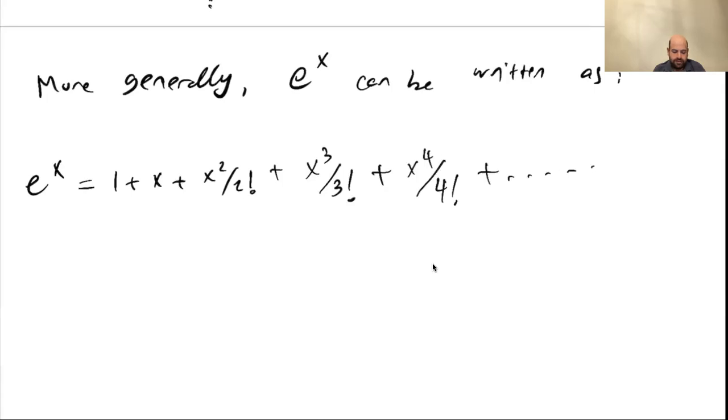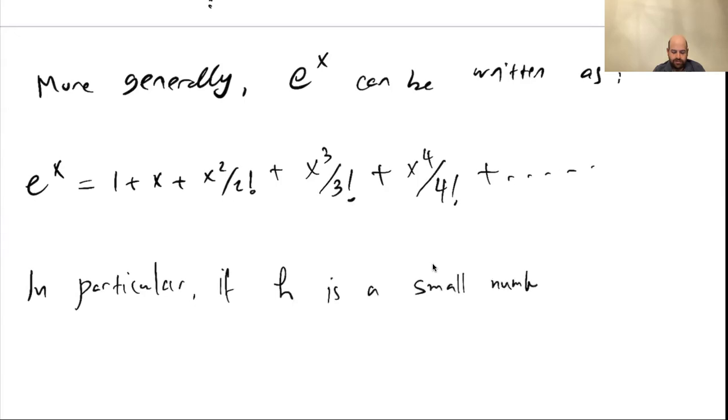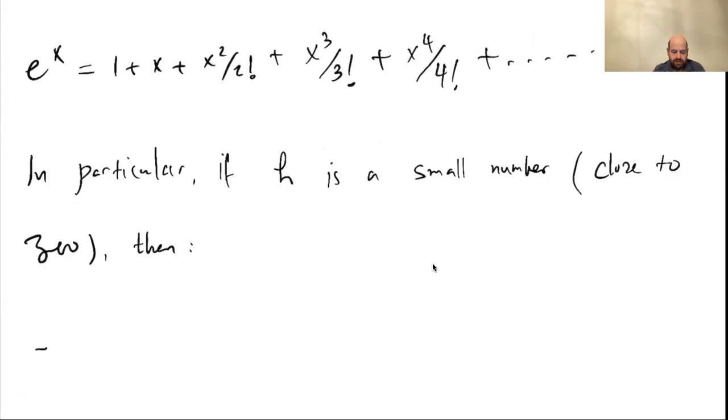And in particular, let's say h is a small number, I mean something close to 0. Then we can say e to the h is of course 1 plus h plus h squared over 2, and then h cubed over 6.